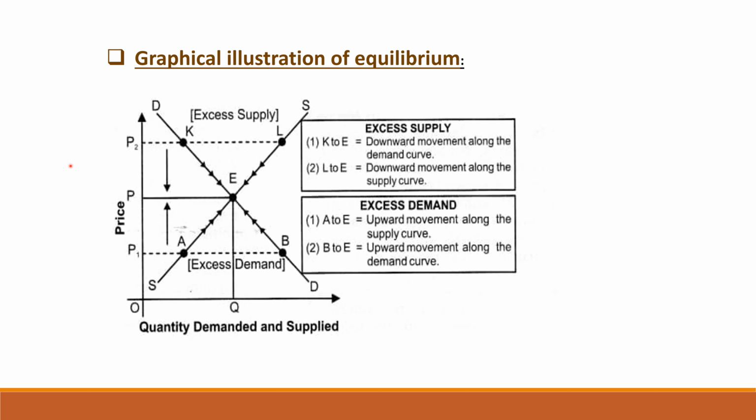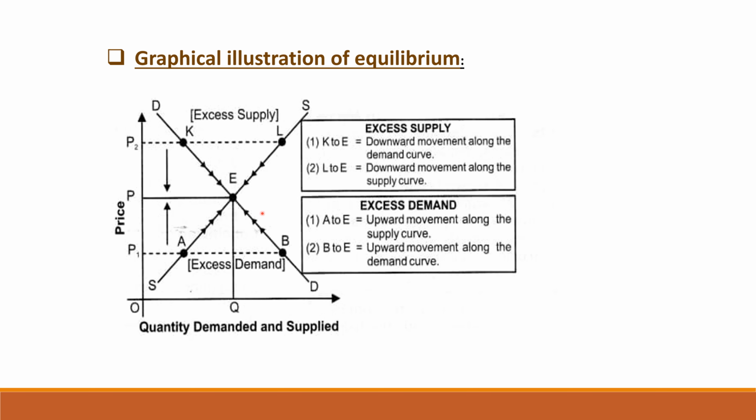Now let's move to the graphical illustration of equilibrium. Here we can see a graph. The graph indicates price versus quantity demanded and supplied. In this graph, we can see equilibrium at the point where the demand curve and the supply curve intersect. The price at this point is called the equilibrium price, P star, and the quantity exchanged is called the equilibrium quantity, Q star.